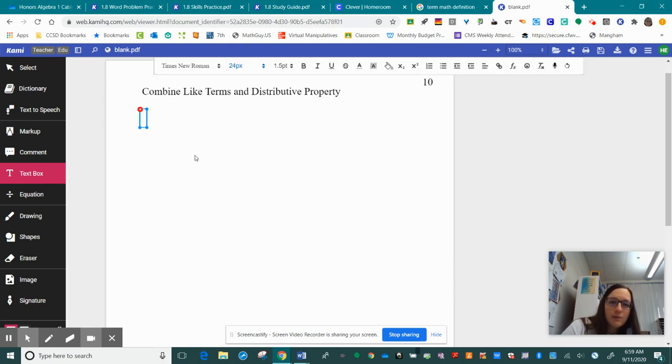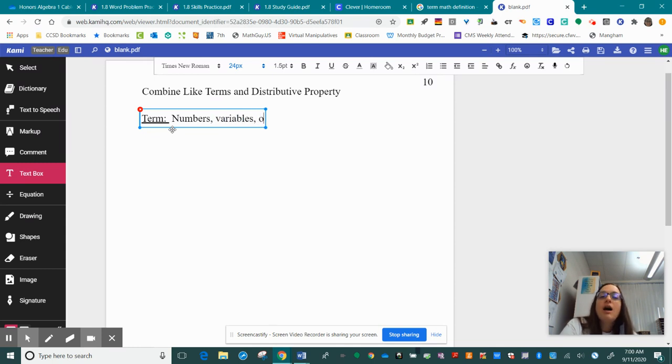So our vocab word here is term. I'm going to make sure that is underlined because that is a vocab word. A term can be numbers. It can be variables.